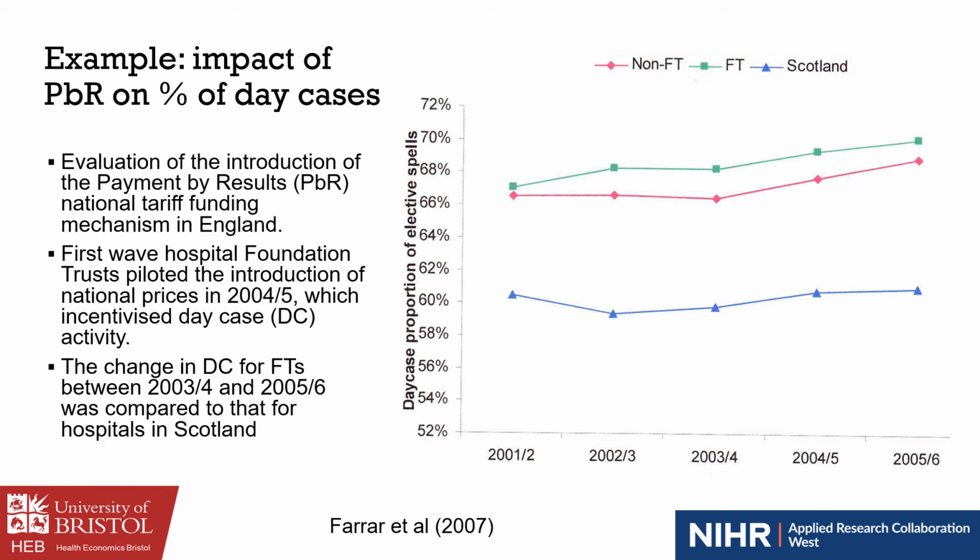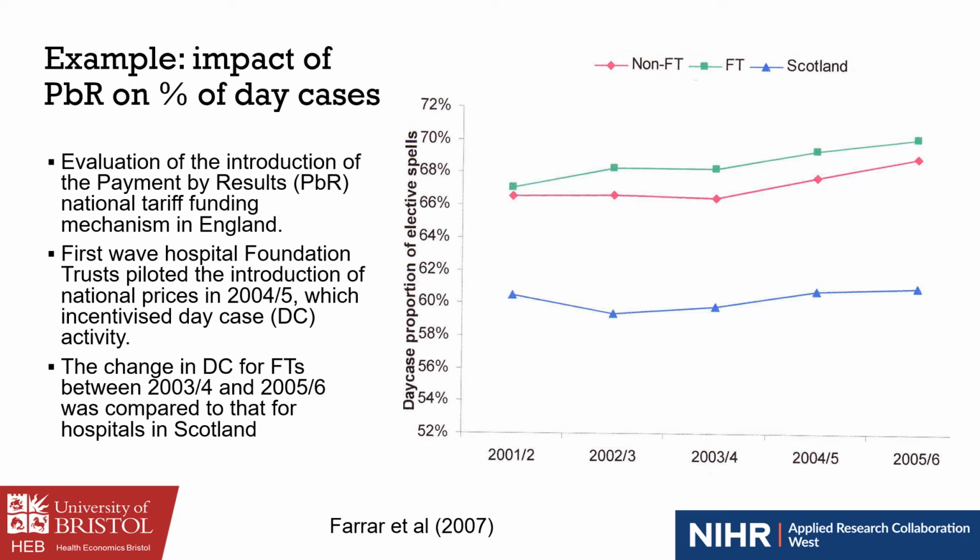The national evaluation of the introduction of the payment by results national tariff funding mechanism in England provides an interesting example of the use of a controlled before and after analysis. Here, first wave hospital foundation trusts in England piloted the introduction of national tariff prices in 2004-05, which replaced local negotiation of the price of most hospital activity.